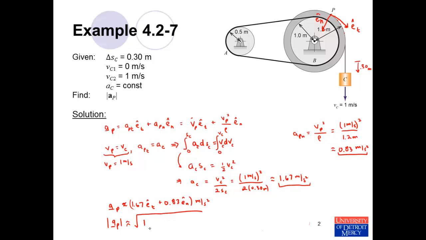We take the tangential component, square it, take the normal component, square it, add them together, and take the square root of the sum. And we get that the magnitude of the acceleration is approximately 1.86 meters per second squared. So that is the solution to the first part of the problem, part A.